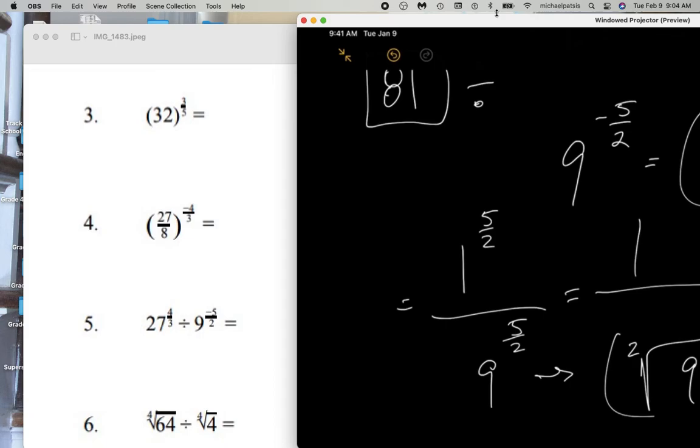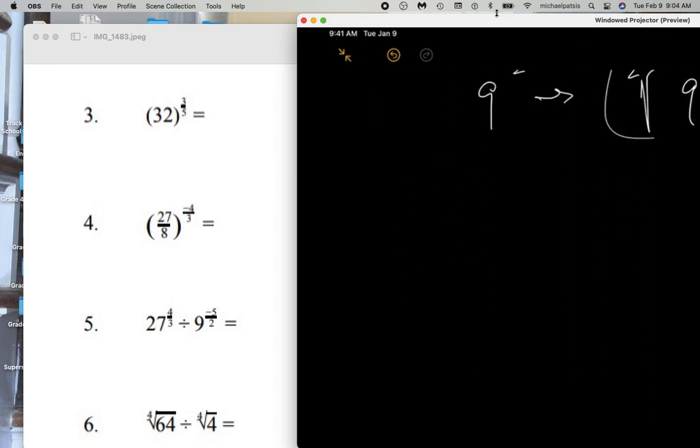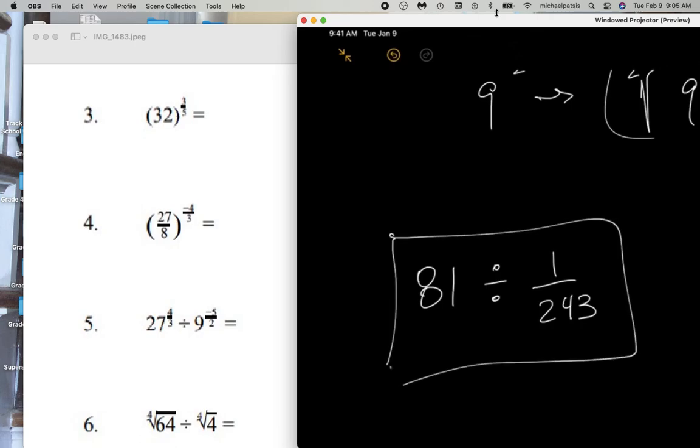Okay, so now we have 81 divided by 1 over 243. Okay, there's a couple ways to handle this. We are not used to seeing this. What our mind is used to seeing is the following: 81 times 1 over 243.